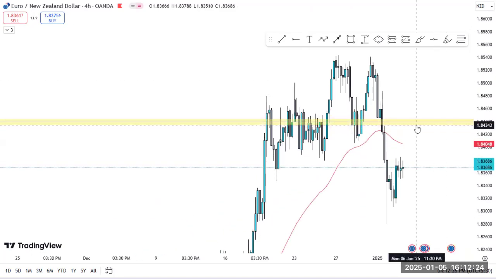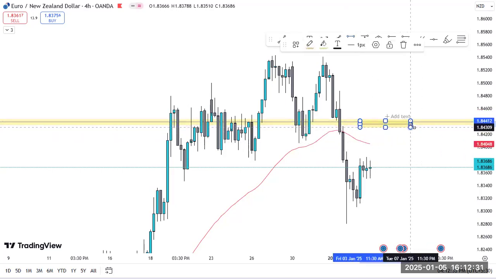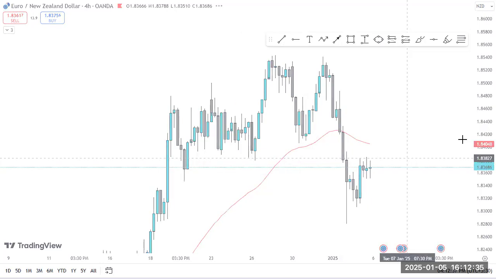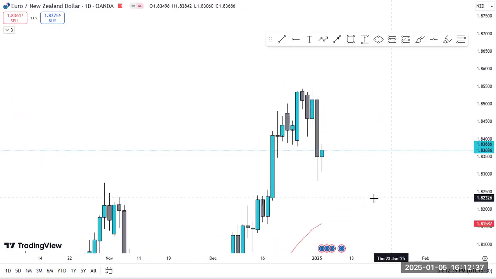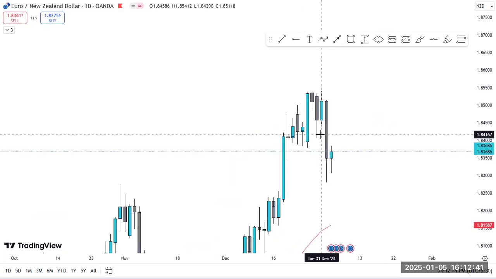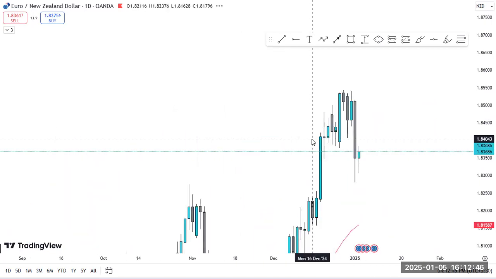So I'm not interested in this zone, so I will not consider this zone as an area of interest right now. I will just delete it. Let me go to daily again. Okay. We got multiple rejections from this zone as well. Okay. Let me go to 4 hour.